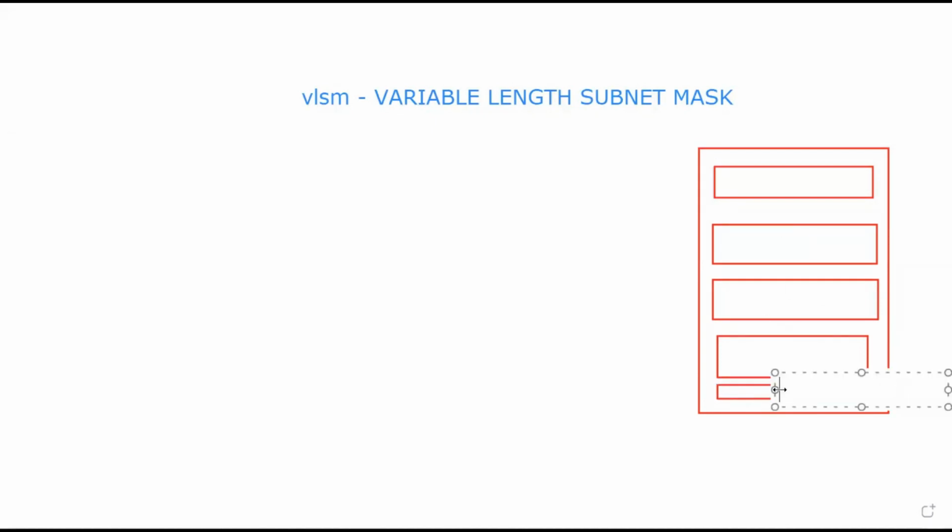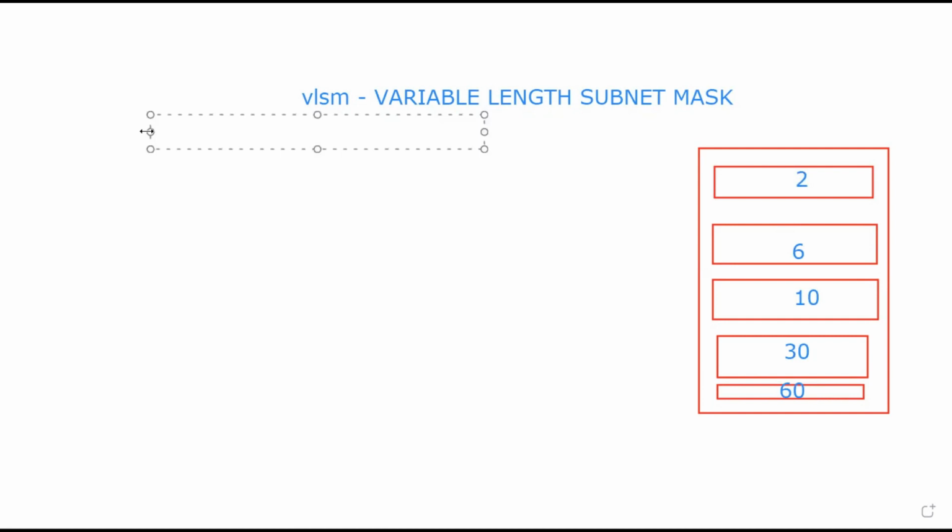On the ground floor, we assign 60 IPs, the first floor 30 IPs, second 10, third 6, and last 2.